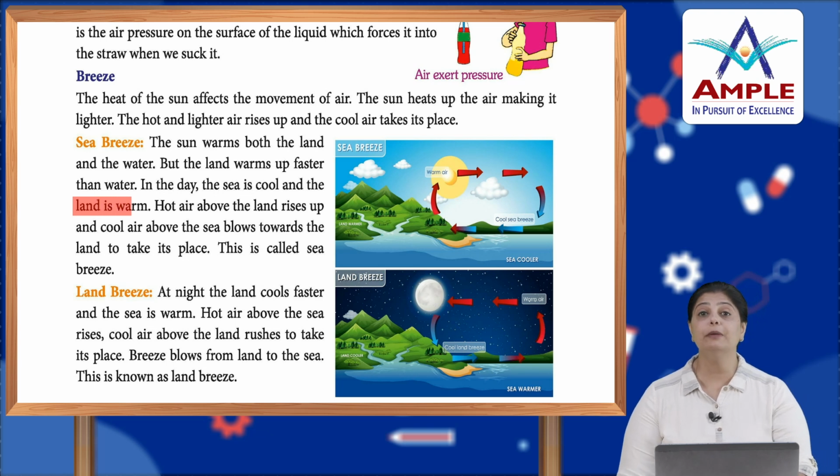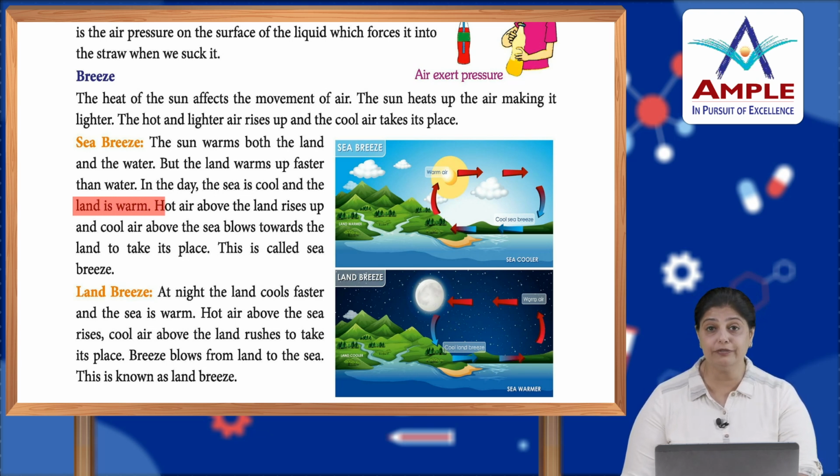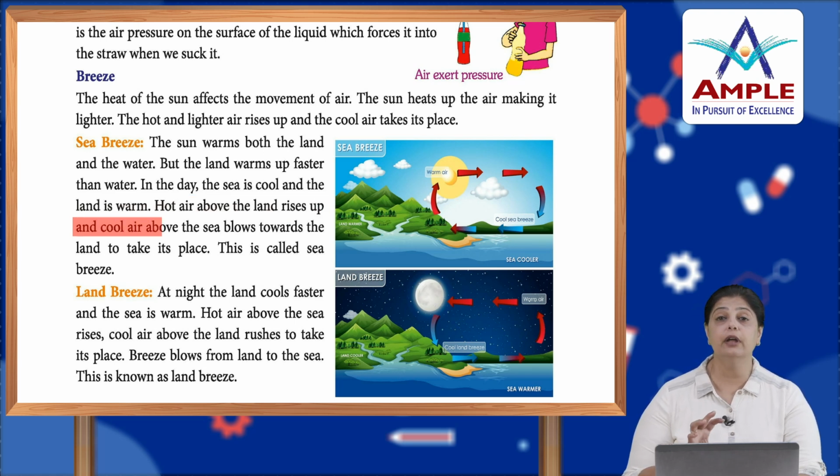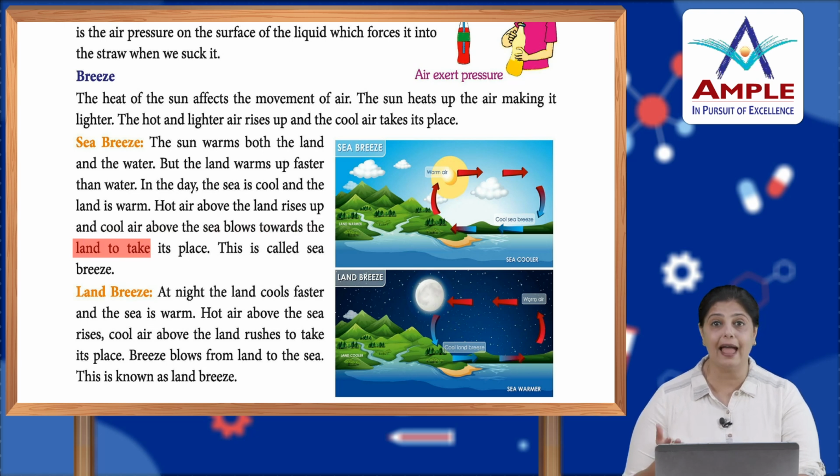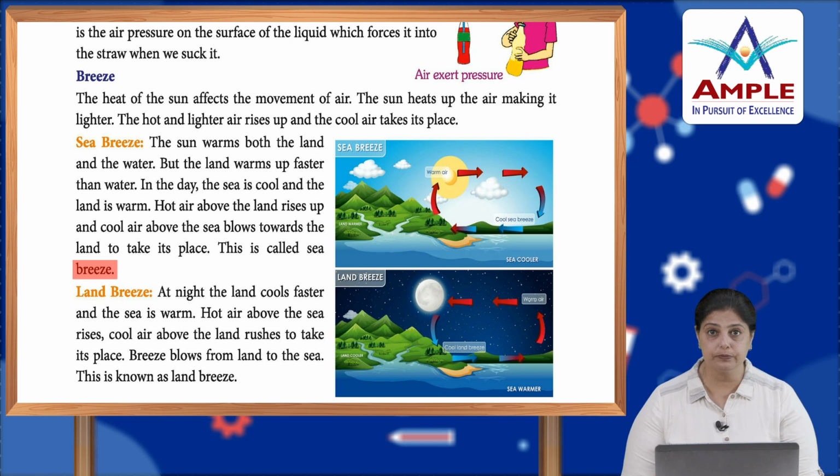If you have gone to any beach area, you will observe that the water is cool, but the land is warm. The hot air above the land rises up, and the cool air above the sea blows towards the land to take its place. This is called the sea breeze.